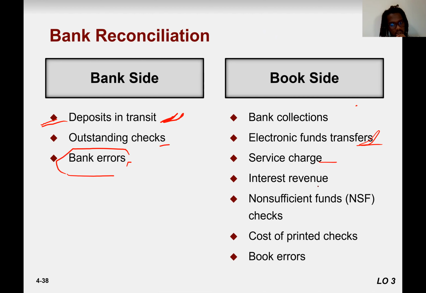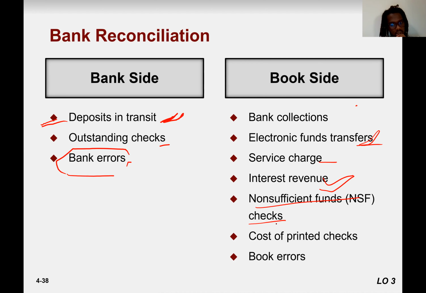Service charges, you don't know. Interest revenue: if you have an outstanding balance, you receive some interest amount as revenue, as income. You don't know, and that must be added to your cash balance. So it's not written over there. It can be the difference. Non-sufficient fund checks: you receive the customer's bank checks, but they bounce, right? It can happen. You were expecting that your bank account should increase, but it's not increased.